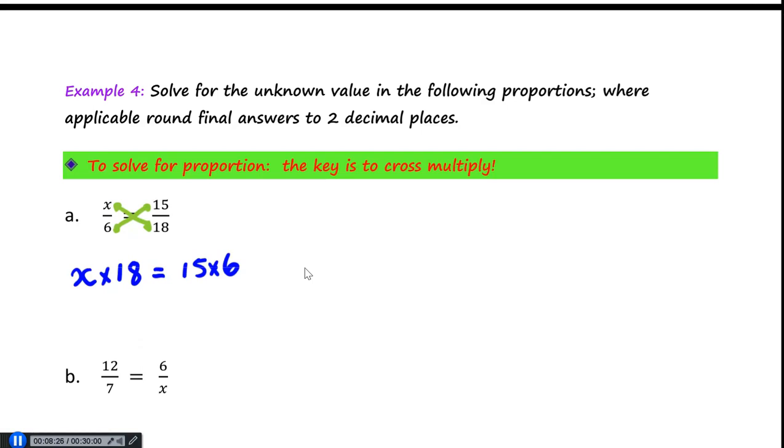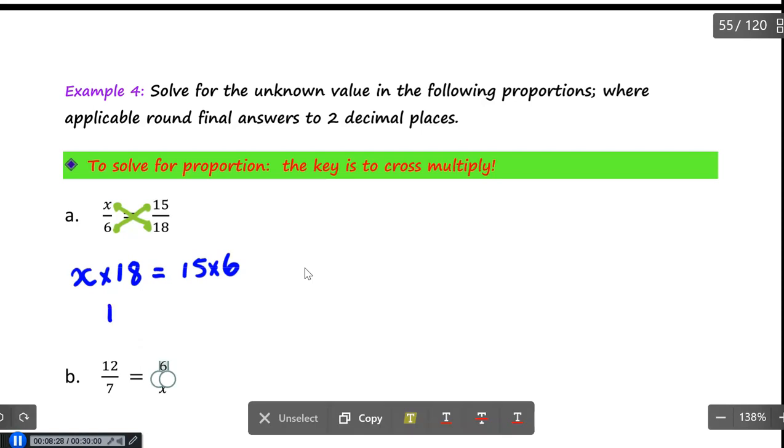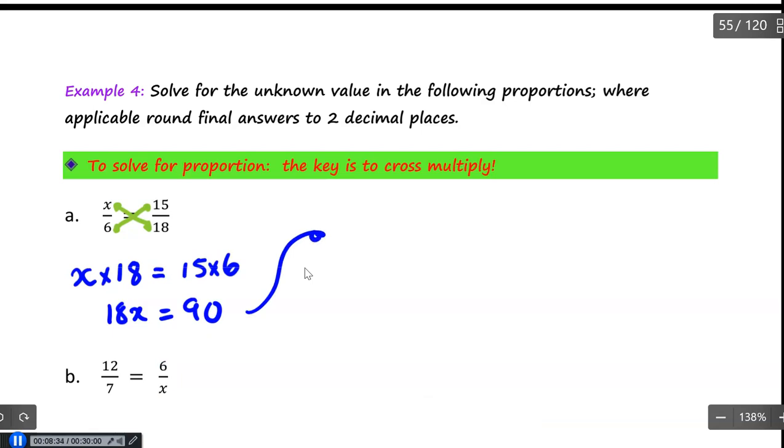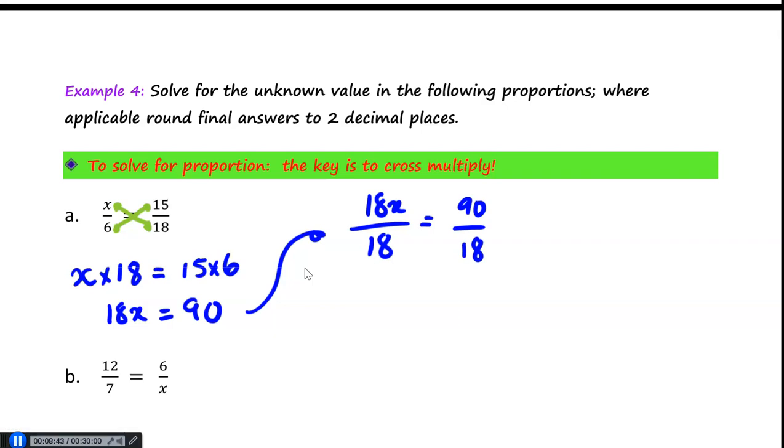In this case, I should have 18x equal to 90. So what I will do next is divide both sides by 18. If I divide both sides by 18, that cancels out. So x is now equal to 5.